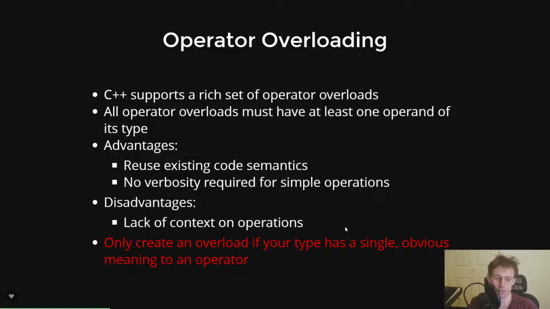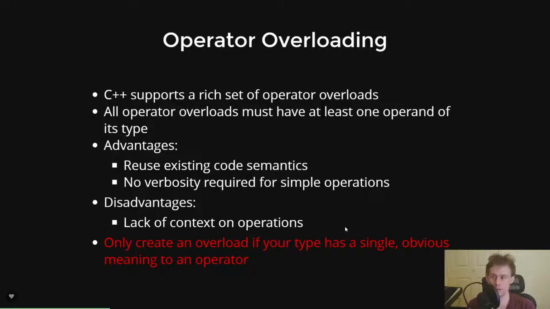The one thing you have to keep a very close eye on though, is that you should only create an overload if your type has a single obvious meaning to an operator. And what that means is, you know, they talk about the pub test and things like that. If you overload something like a plus or a minus or a times or an equal, if you don't think it is completely common sense what that operator overload does, then you shouldn't do it. You should go and make your own function for it.